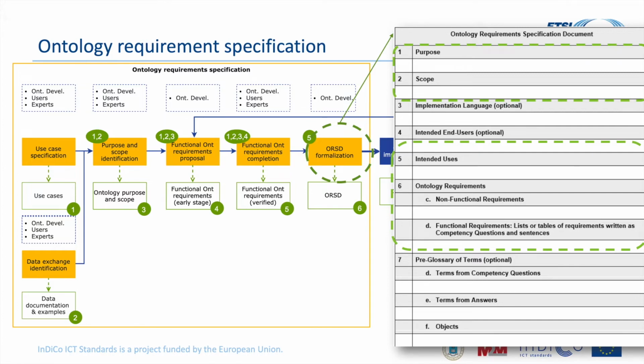It should be mentioned that the intermediate tables from the methodology will also be useful to include in this field. Optionally, from these functional requirements, we can generate a pre-glossary of terms, that is, identify the concepts, relations and individuals, getting that information from the competency questions or the sentences.